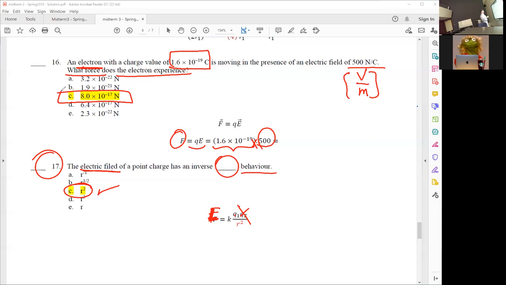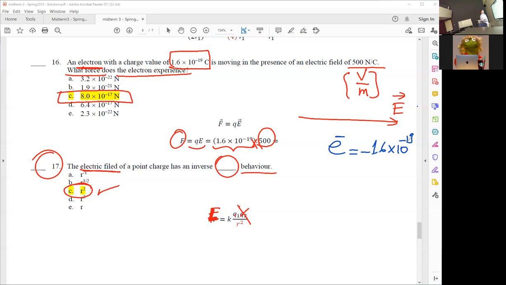Now, if I, for example, gave you an electric field that is pointing right, in this way, like in the question, so we're dealing with an electron, and you know that for an electron, the charge is negative 1.6 times 10 to the negative 19. And I ask you also for the direction.